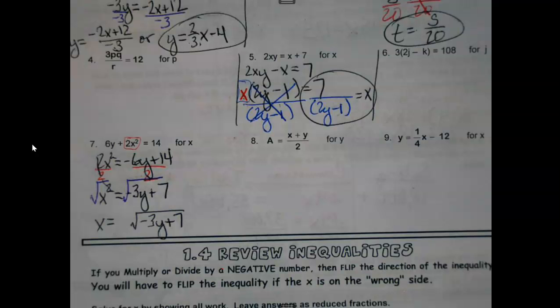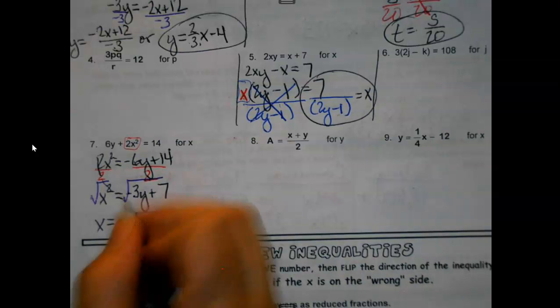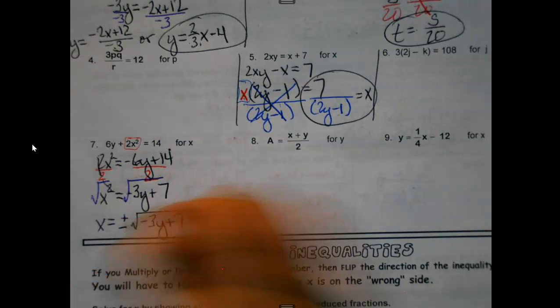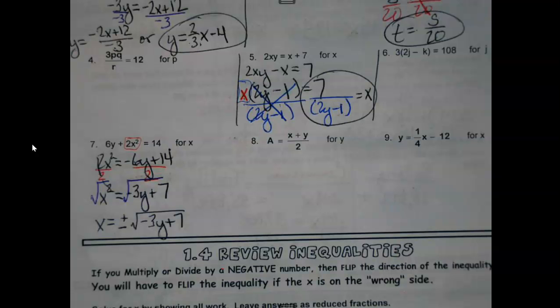When you have what's called a quadratic, an x squared, that exponent tells you how many solutions there are. In this case, there's 2. Well, my answer only has 1. So whenever you have an x squared and you square root to get your variable alone, you've got to put plus minus on the answer because there's 2 answers.